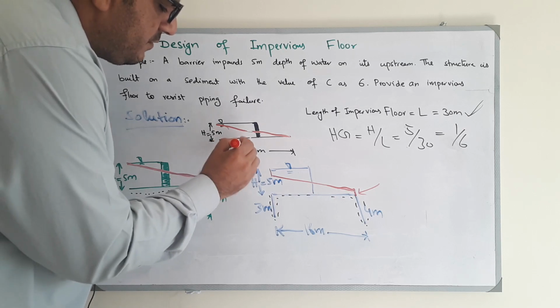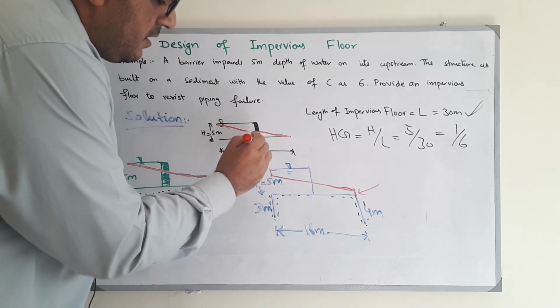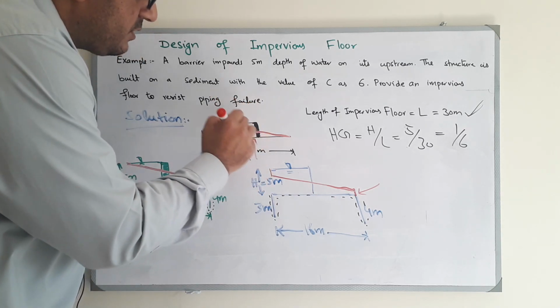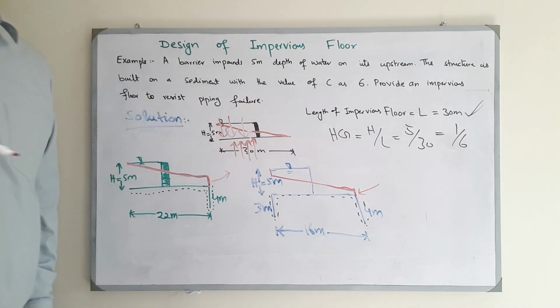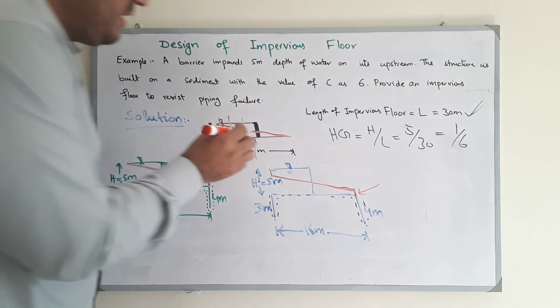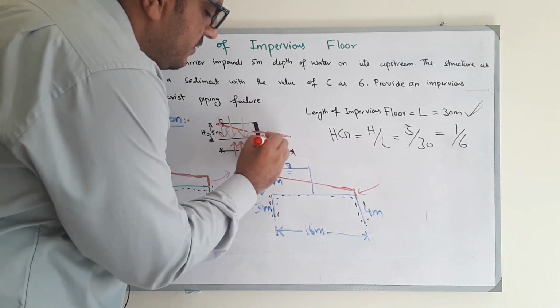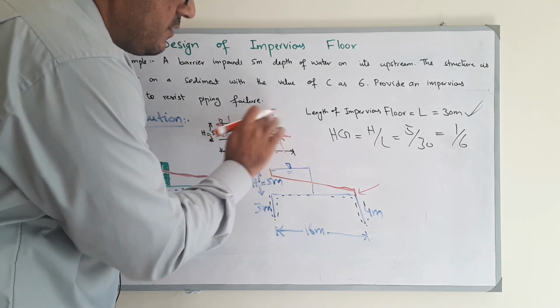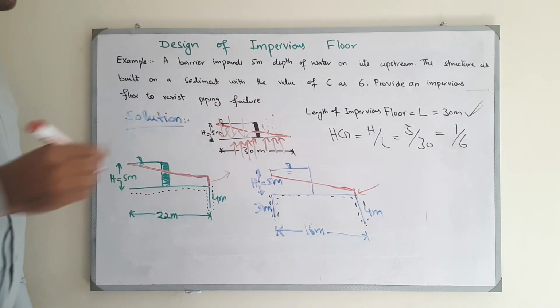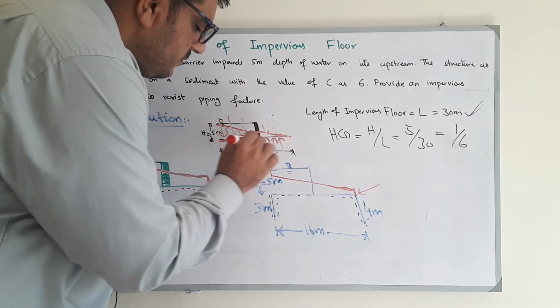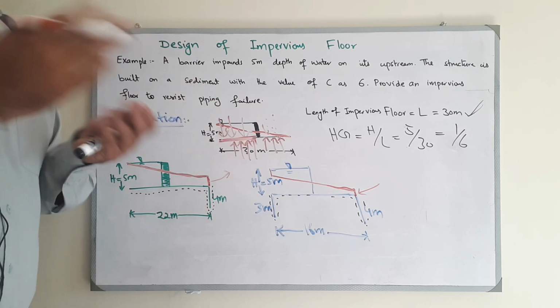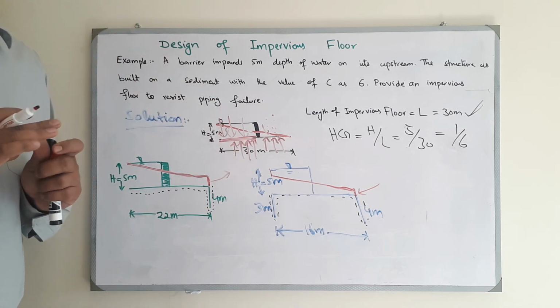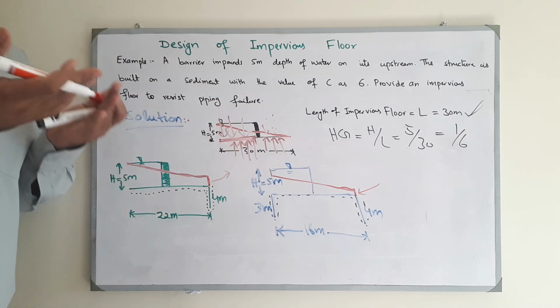Because there is an uplift force, and here is a counter force of impounded water. But when you go to the downstream side of the section, there is no counter force of water. So at the upstream side, you can place only a paper thick impervious floor. It will be safe theoretically against uplift.